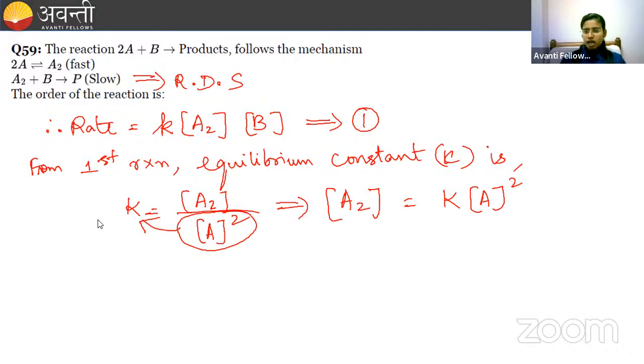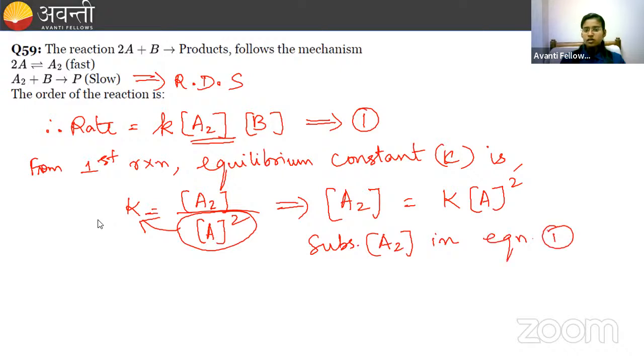So from K, I have got concentration of A2 and I can substitute the value which I have got for concentration of A2 in equation 1. Okay, so I have to substitute the concentration of A2 value in equation 1.